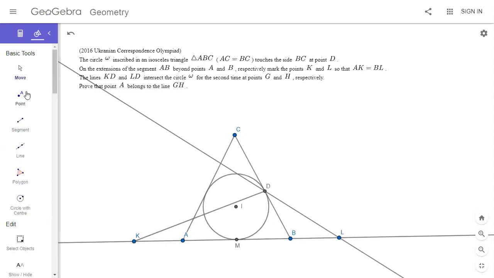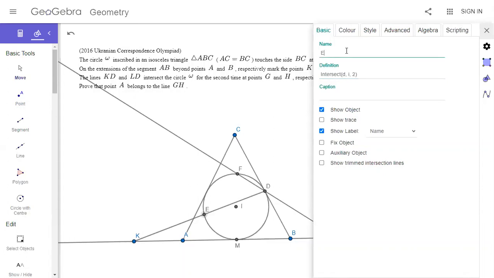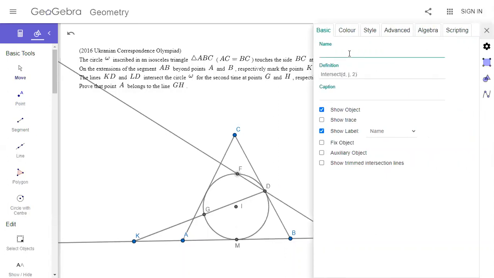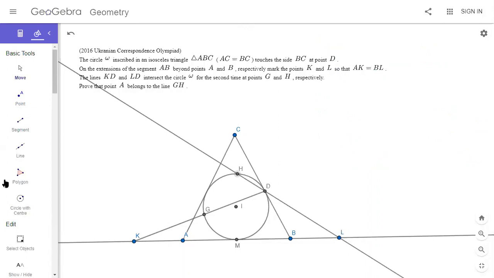KD intersects it at G and LD intersects it at H. Okay. We want to show A lies on GH.